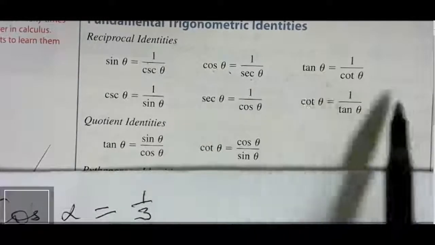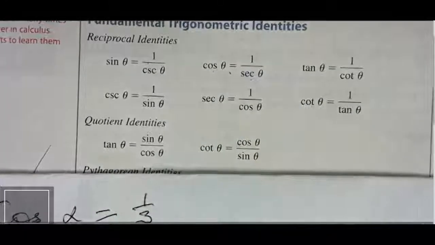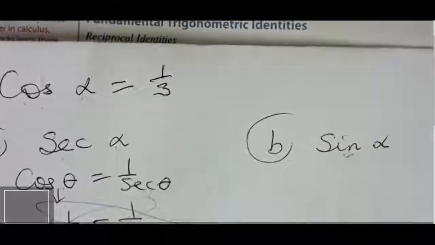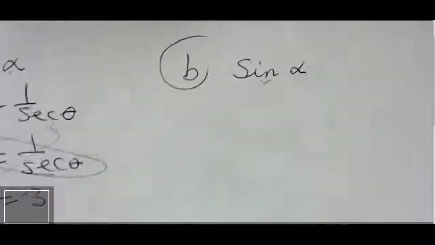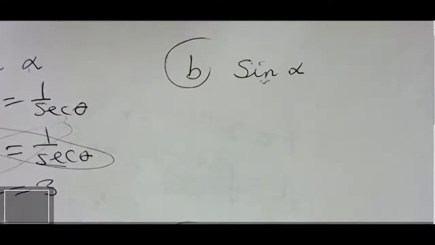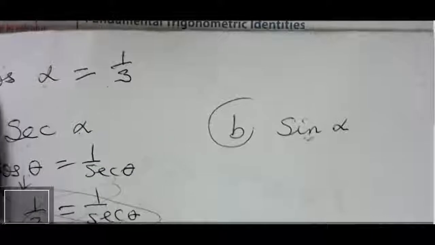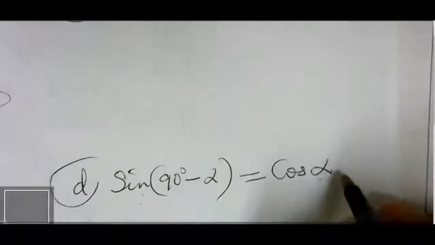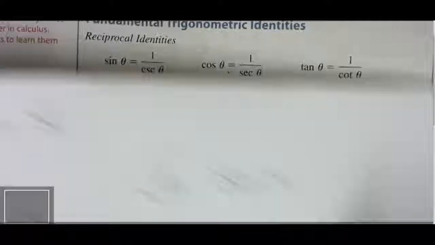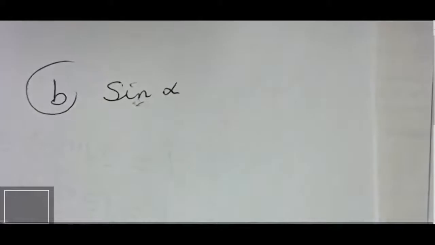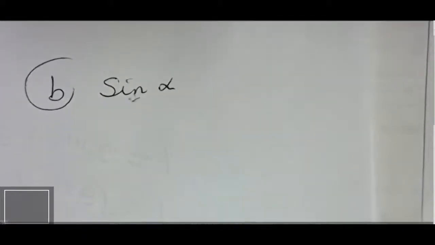We know cosine and sine are complementary angles, so sine of 90 minus alpha is going to actually be cosine alpha, which is the same thing as 1/3. Okay, I'm going to stop here because the video is getting long. I hope you get the idea.